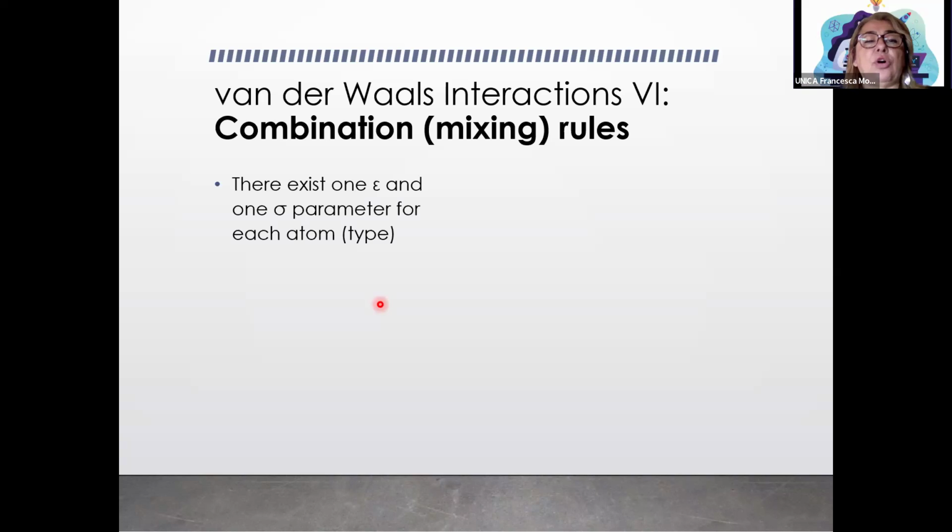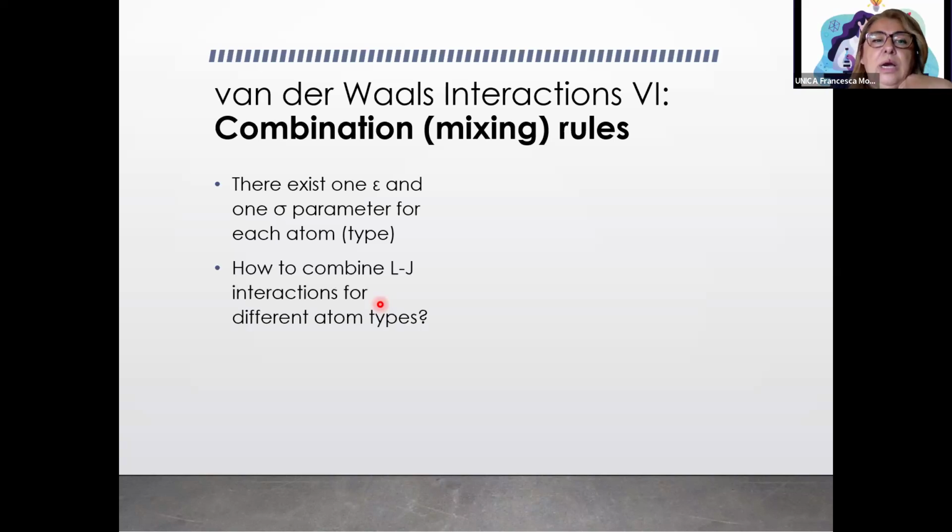Because for each atom type that we have in our molecule, and I will get into the definition of what an atom type is, but let's say for each atom that we have in our molecule, there is one parameter epsilon and one parameter sigma, which are the parameters for the interaction with other atoms of the same nature.